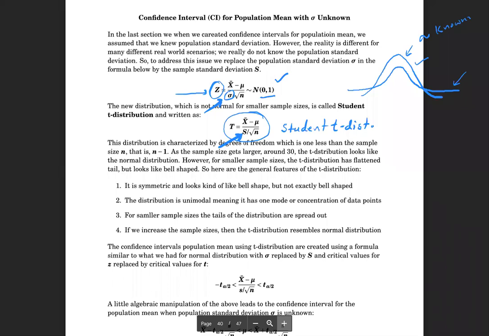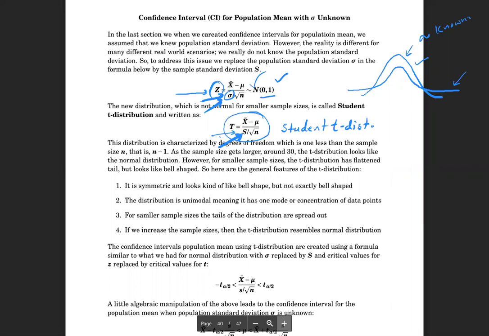Now, once again, the main difference is that you replace the sigma by sample standard deviation S, because if you don't have sigma, then what can you do? You really can't do much with this one, because this is not as useful.